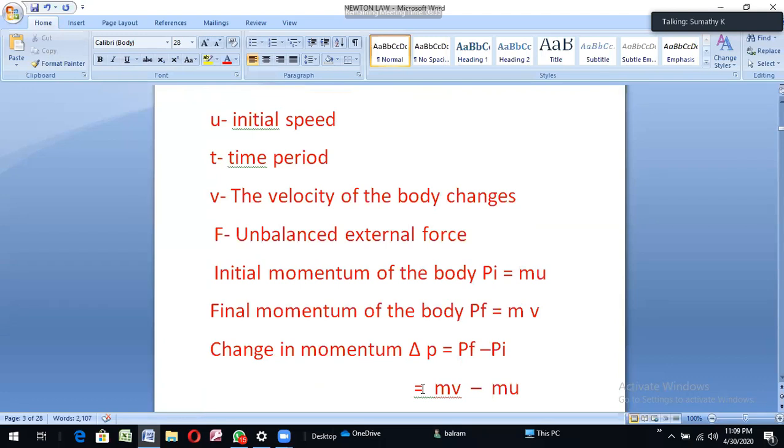The final momentum, Pf, is equal to mv. Delta, the small triangle, indicates the change. The change in momentum, delta P, is equal to Pf minus Pi, which is mv minus mu.